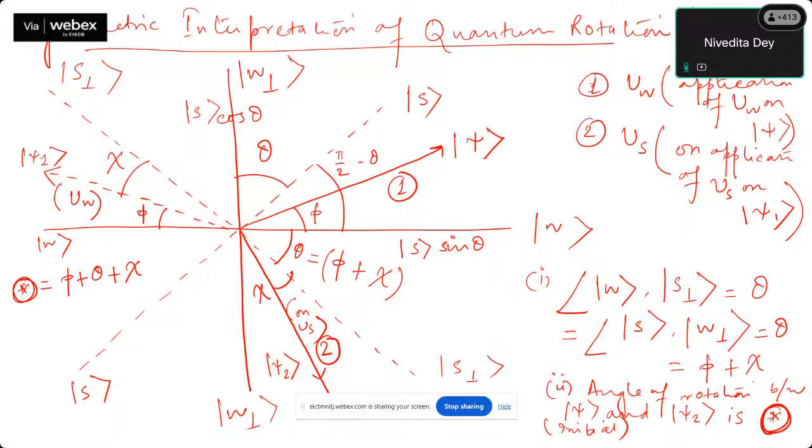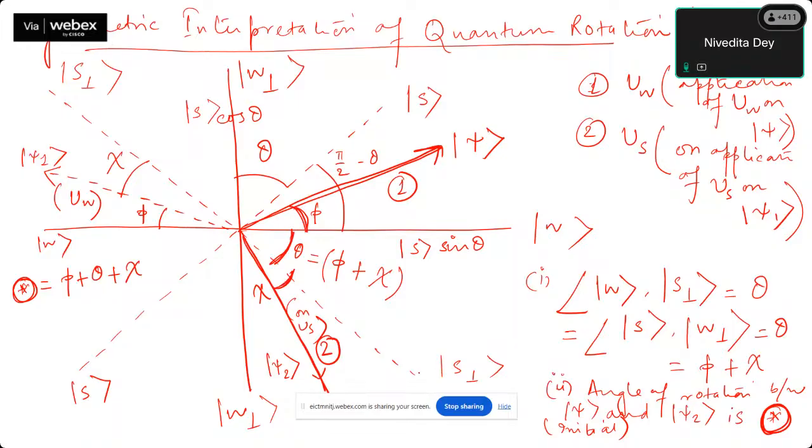What is it? Phi plus theta plus lambda. So this is your initial one, and this is your final one. So it is phi plus theta plus lambda.